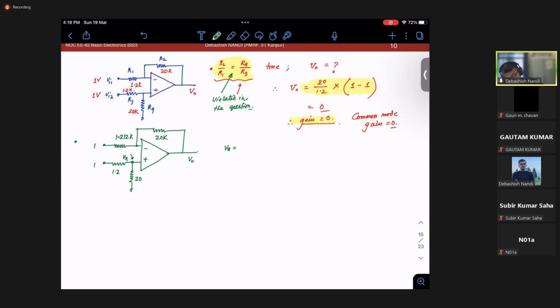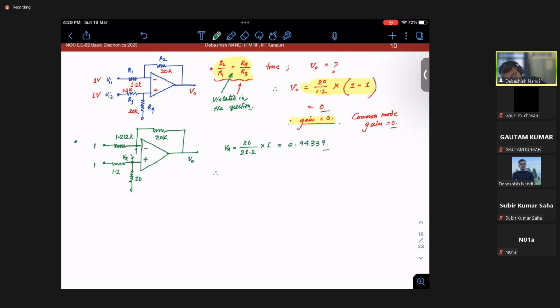So 20 over 21.2 is nothing but 0.94339. Okay, let's take this value. This voltage is also the same Vx. So you have 1 minus Vx over 1.212. Now I am applying KCL at this node.